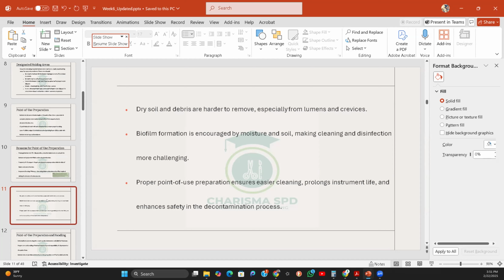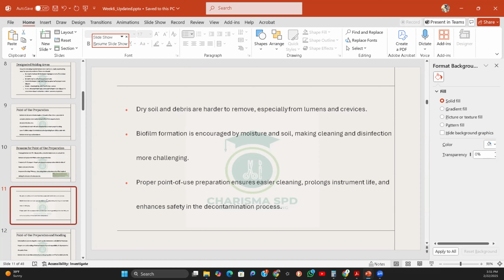So if blood is allowed to dry on them because we did not perform proper preparation at the point of use, this debris becomes hard to remove, because in a channel you cannot see. Sometimes the channel is so tiny that you cannot see with your naked eye. You will have to pass a cleaning device, maybe a brush, through it.